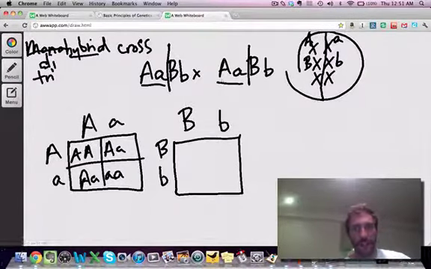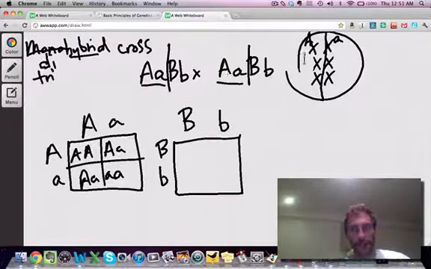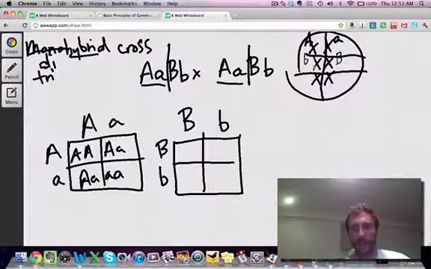It could just as easily be little b, big B. And it doesn't matter at all what has happened up here or down here. So each of these events is independent, and we'll use that to our advantage here.